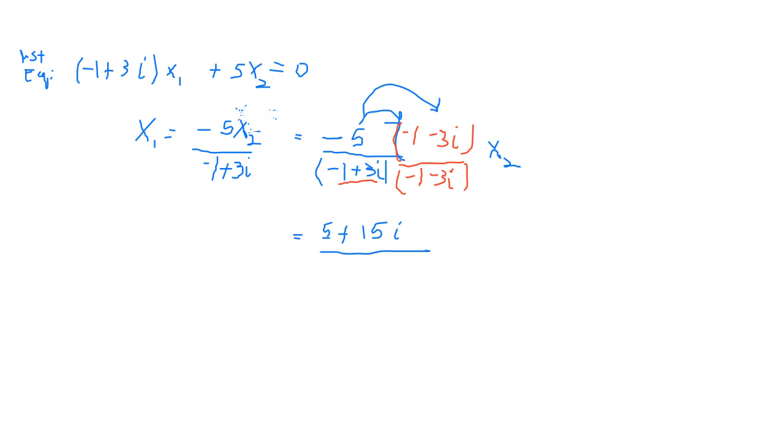That's going to equal 10. Absolutely. So then there's a common factor of 5 that goes into 5, 15, and 10. And so that's going to be 1 plus 3i.